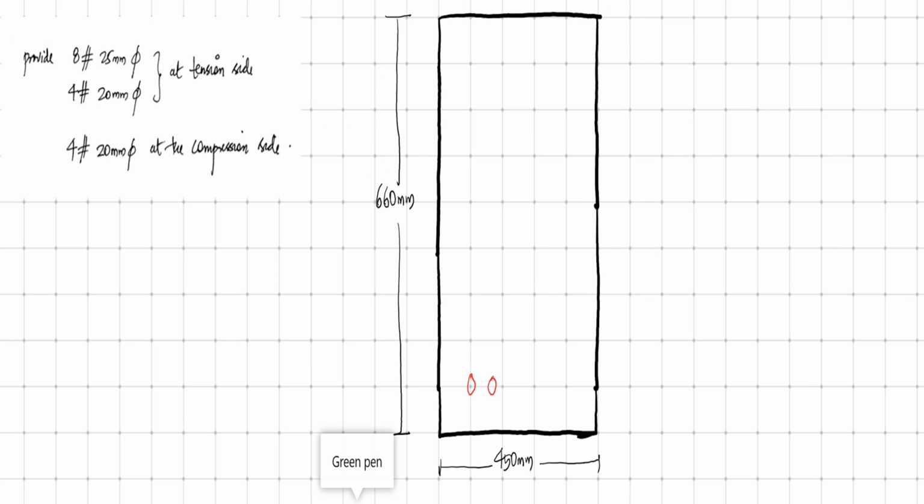220, again 225, like this. Now I'll keep a 25 mm diameter bar like this. This is used to hold it. Again I'll place my 25 mm bar.